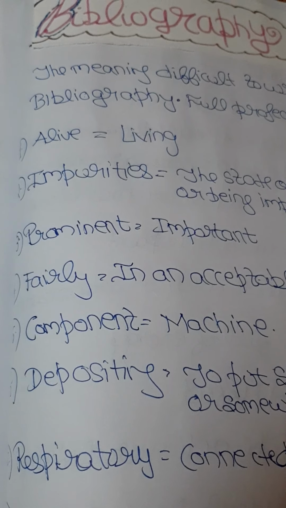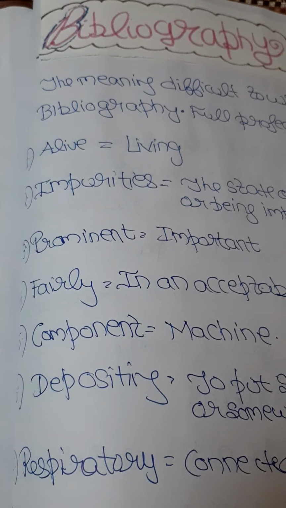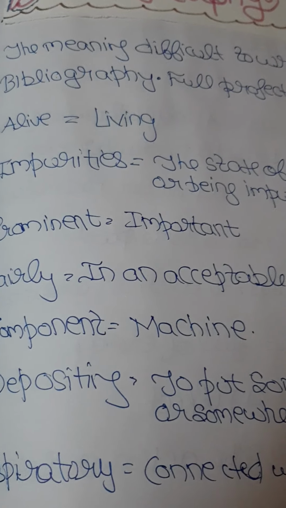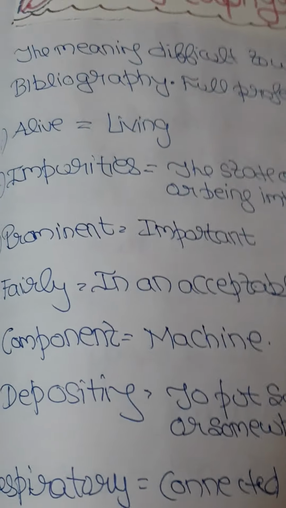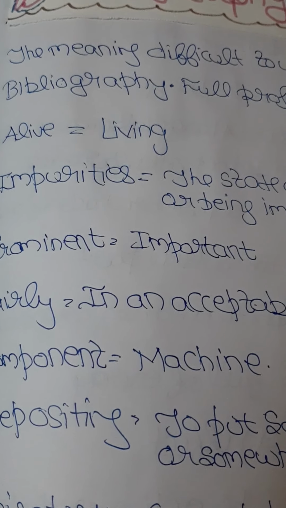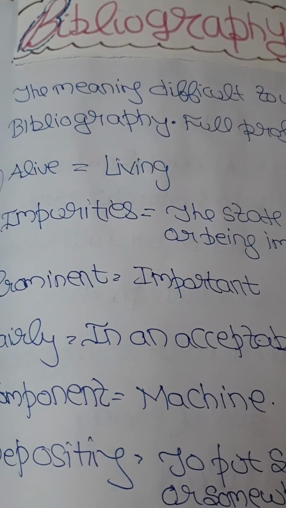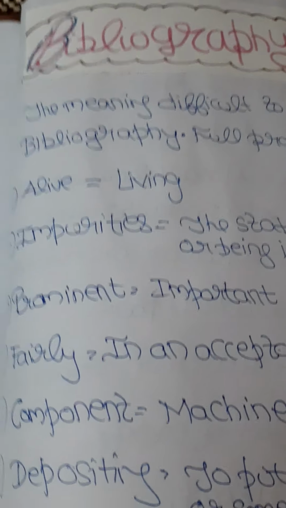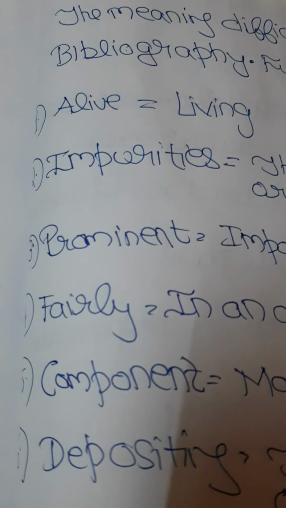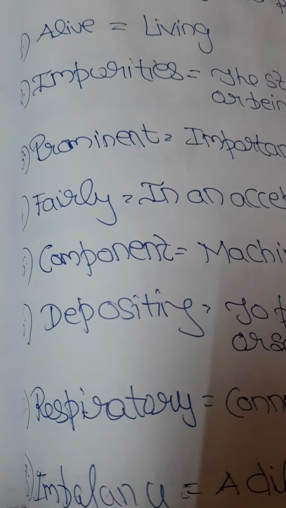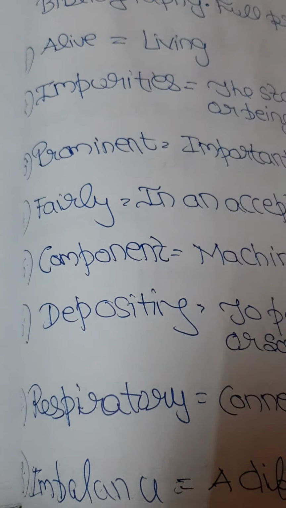On the last page, we have to write the bibliography. I have explained what a bibliography is. Throughout the full project we have to use very attractive words. I have written alive, impurities, prominent, fairly, component, depositing, respiratory, and imbalance.